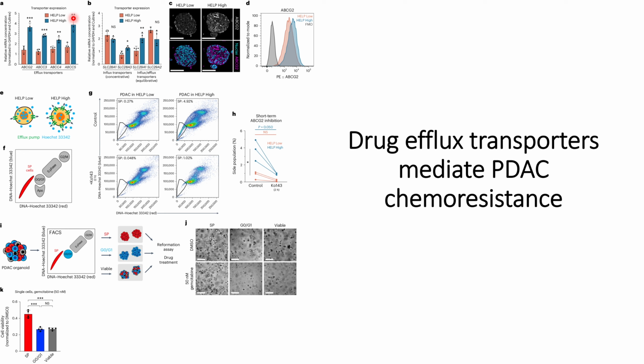To check whether this phenomenon is only related to drug efflux transporters or to other kinds of proteins, they also checked the solute carrier family. I'm not able to recall the full form of SLC, but they checked this family of SLC proteins: SLC28A1, SLC28A3, SLC29A1, SLC29A2.